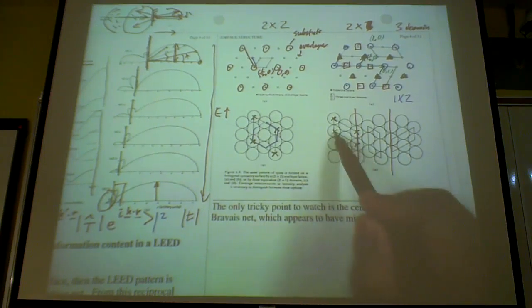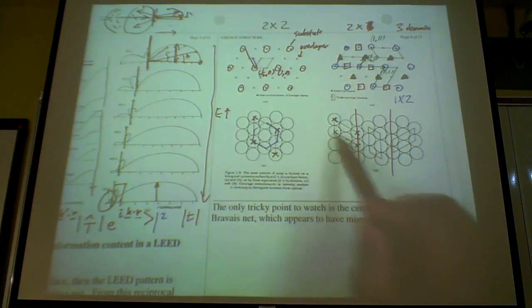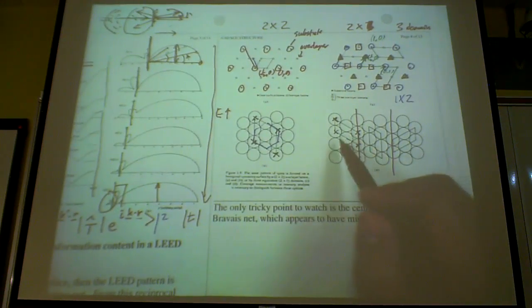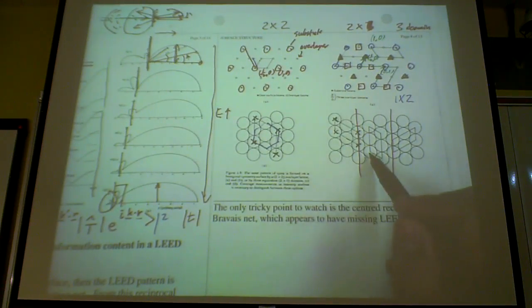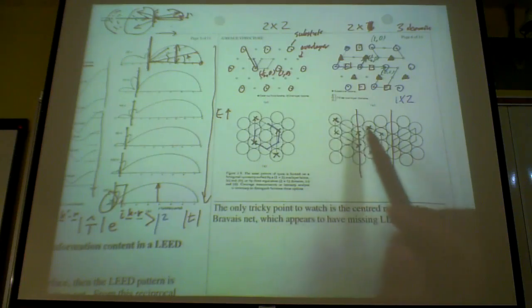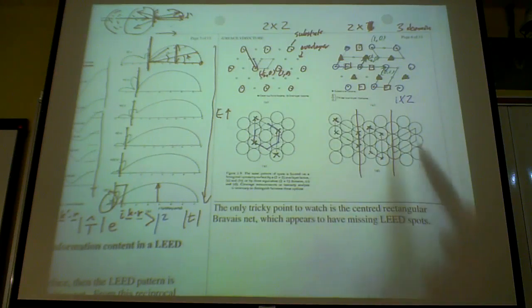Along one direction, I have twice the unit. In this direction, I have the same length as the substrate. That's one way. And the other way is in the other direction, which is this direction, right? So that will give me a 2 by 1 and then a 1 by 2 spot.